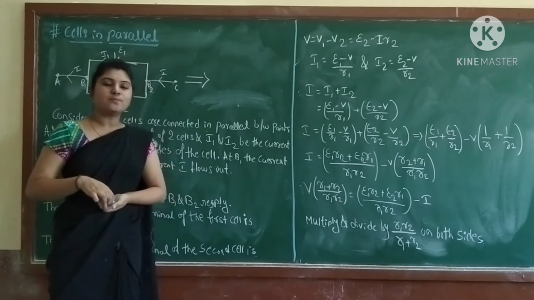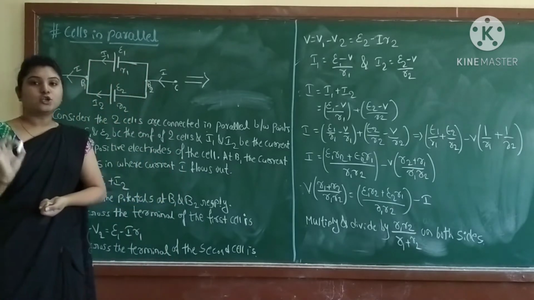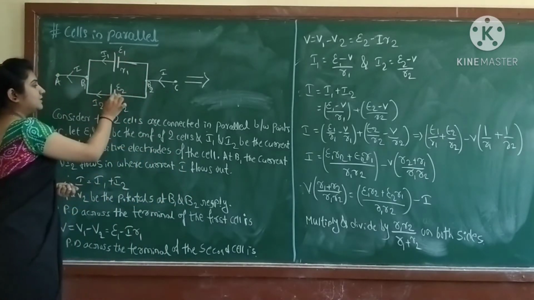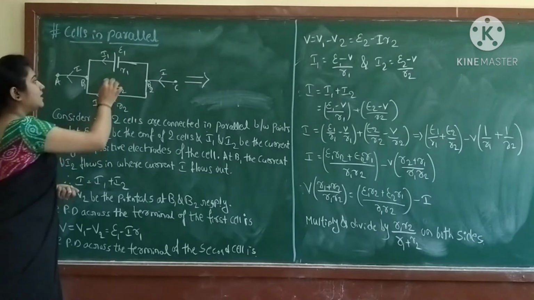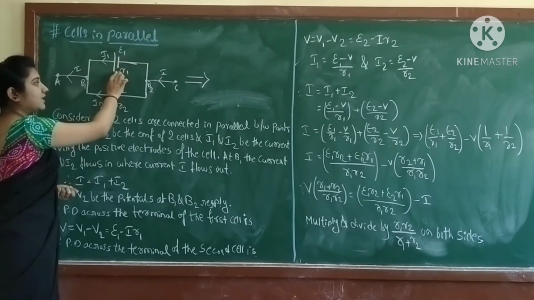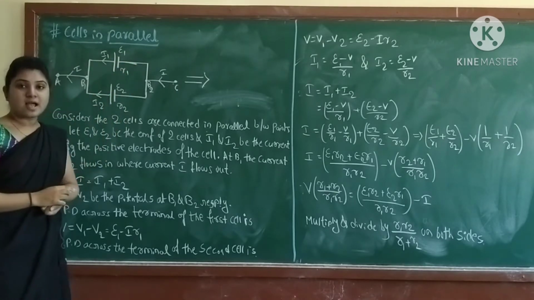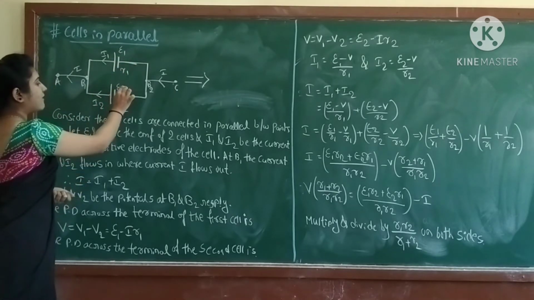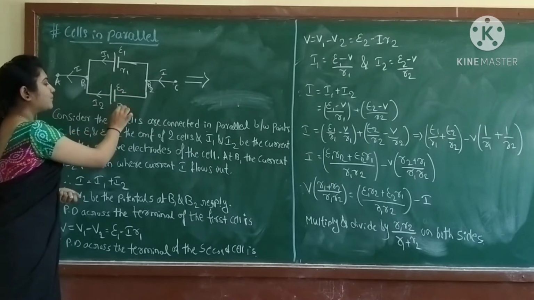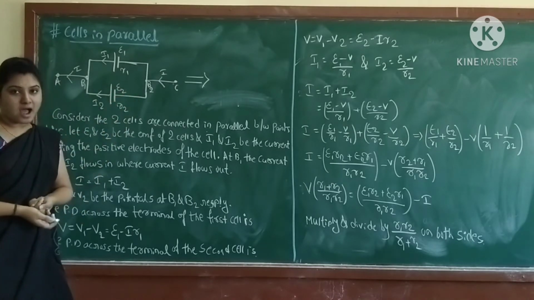So again, consider two cells. The first cell has EMF E1 and internal resistance R1. The second has EMF E2 and internal resistance R2.